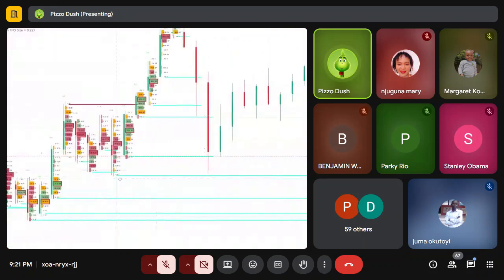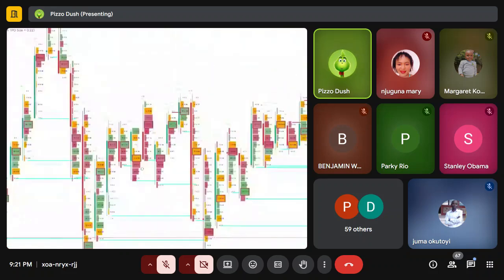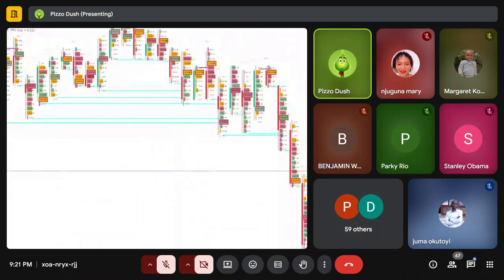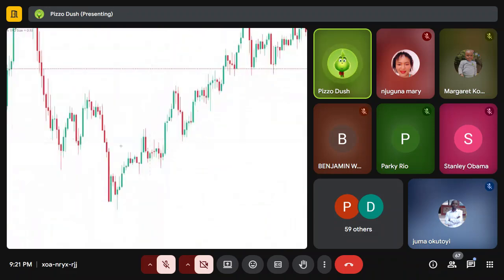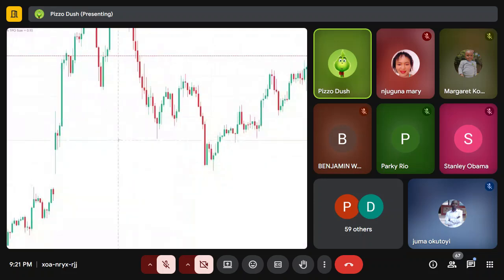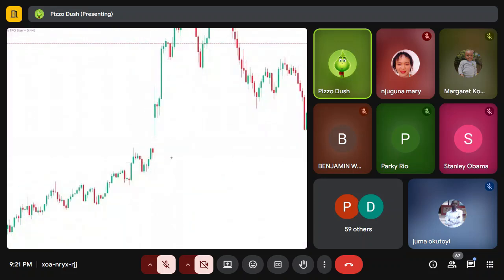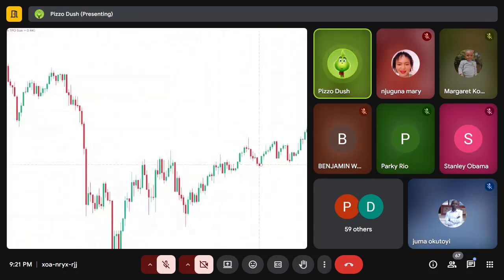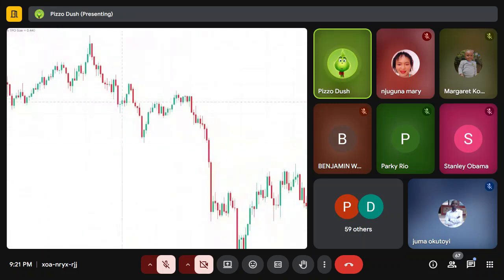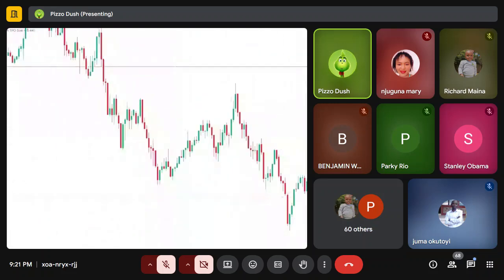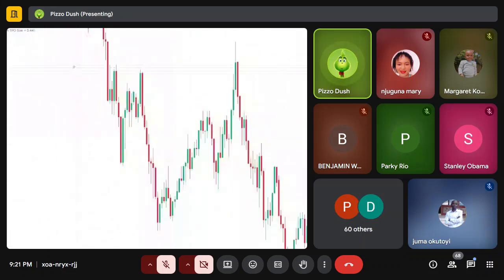Where else can I get an impulsive move? Just go to 12 minutes time frame. Let's see. Continuation order blocks. Mostly I don't trade this thing.